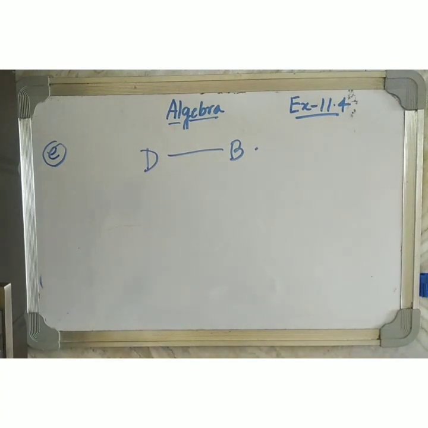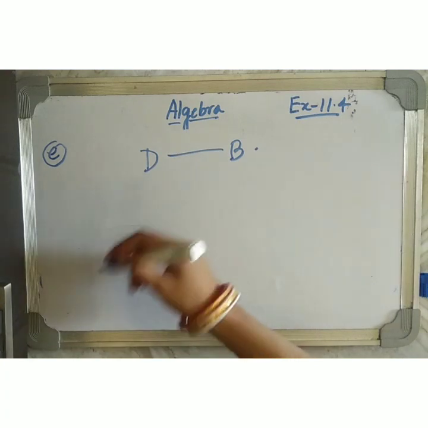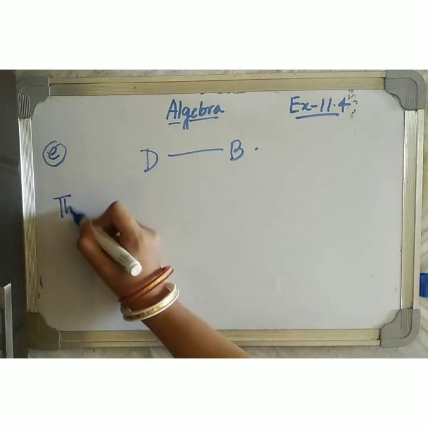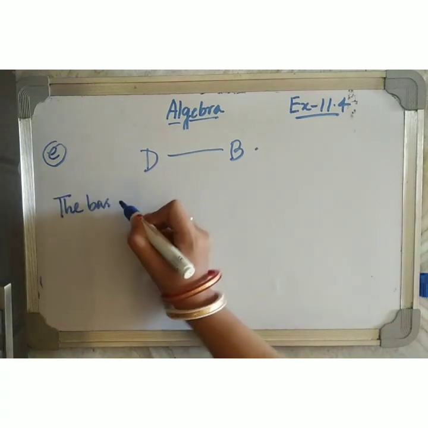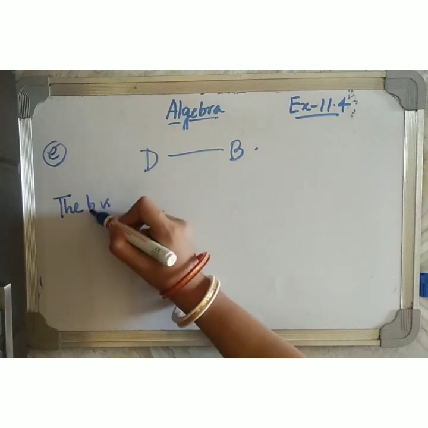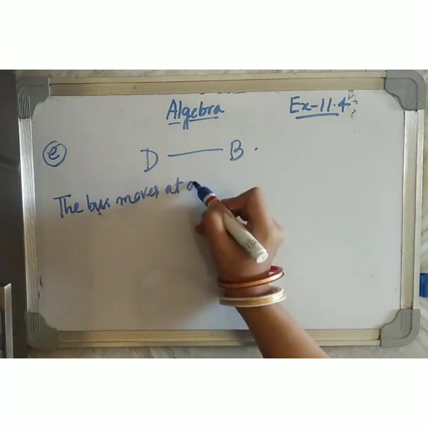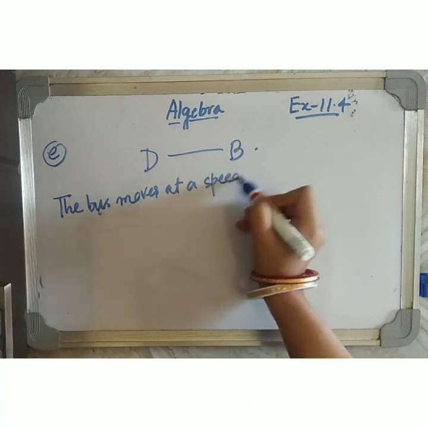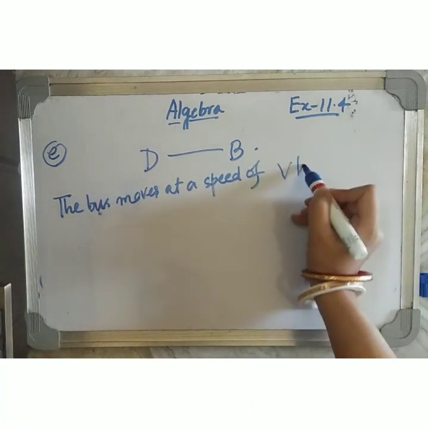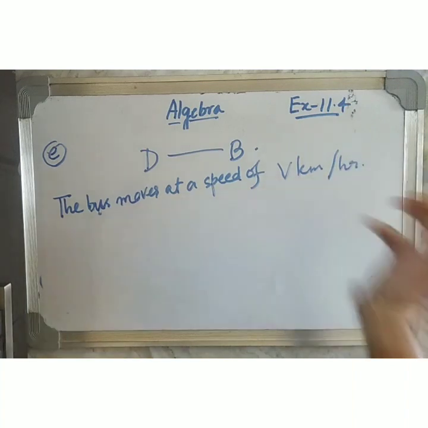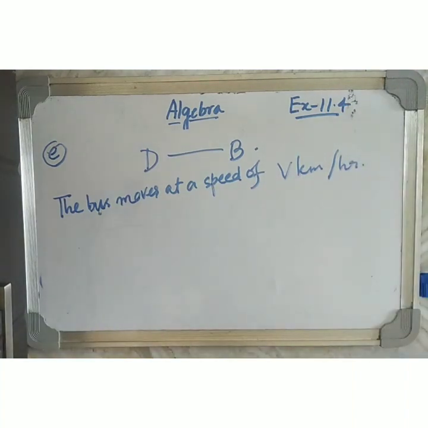Express it using v. Now there is a little bit of a trick in this sum. First of all, the speed of the bus is given, that is v km per hour. So let's write, the bus moves at a speed of v km per hour, which means in 1 hour it is traveling v kilometers.